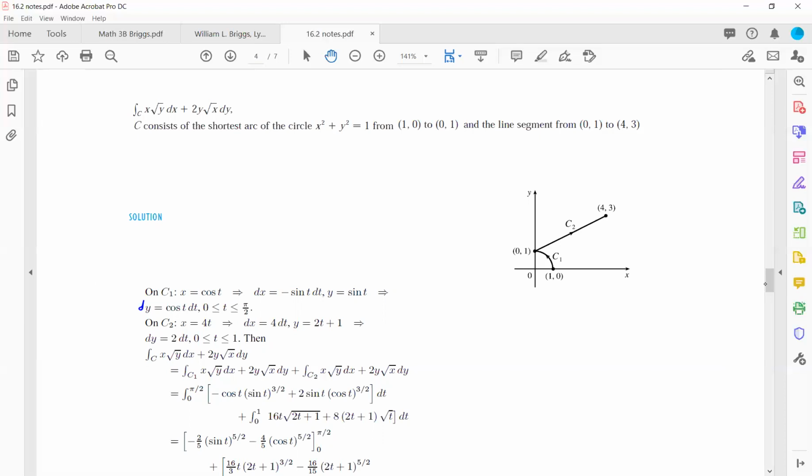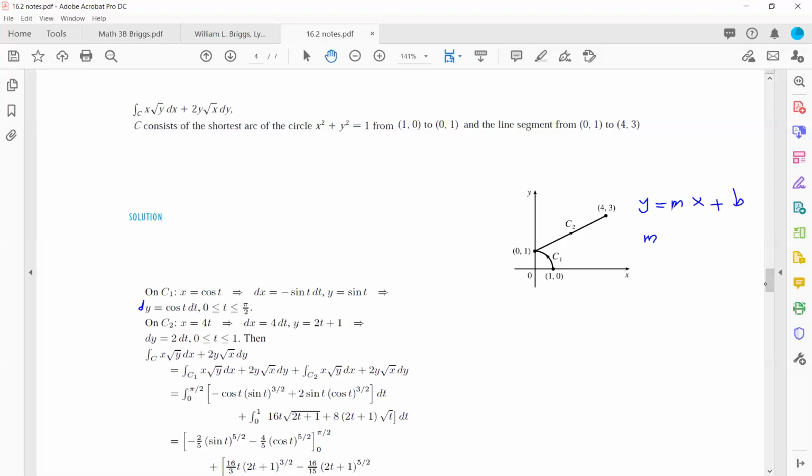On the second part, x is equal to 4t. You have to write the equation of the line passing through these two points. So you can say, y is equal to mx plus b.